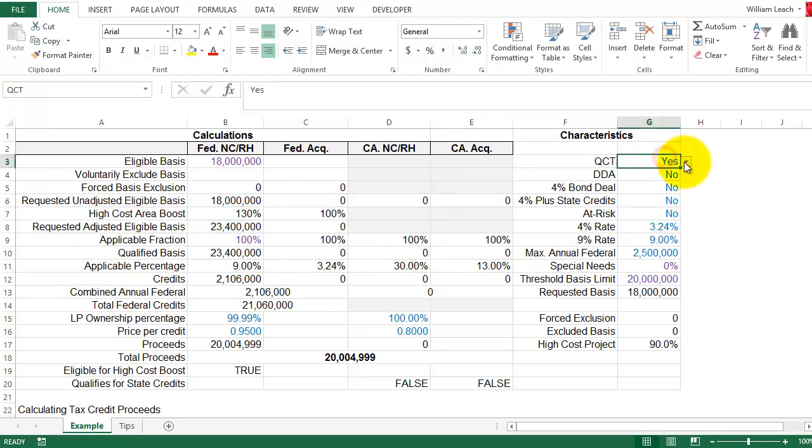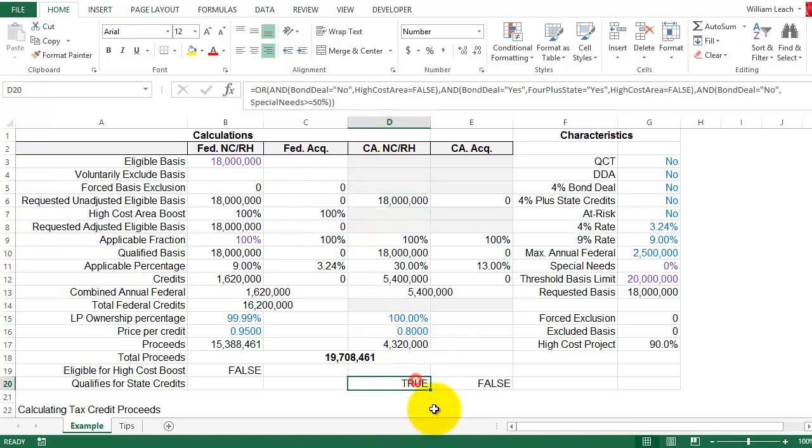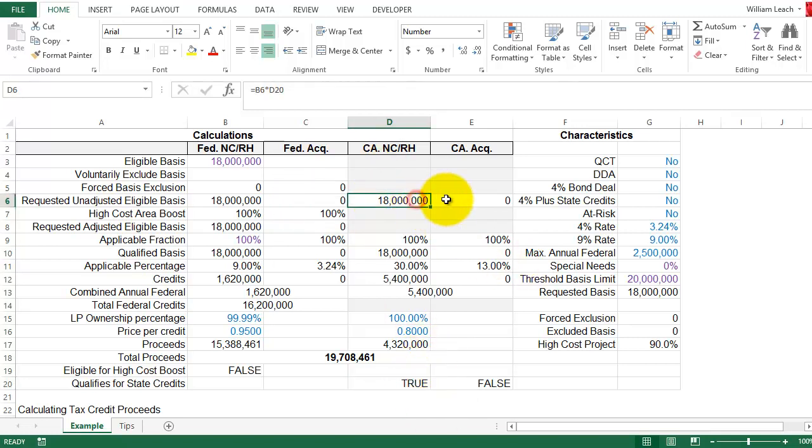Had we not been in a QCT, we would get our eligible basis in the state credit column, and then we'd start calculating how many state credits we could get. Okay, so how are we achieving this? How are we getting this to be 0 or 18 million depending on this cell being true or false? Well, the way we're doing it is we are multiplying the amount of basis times the true or false test.